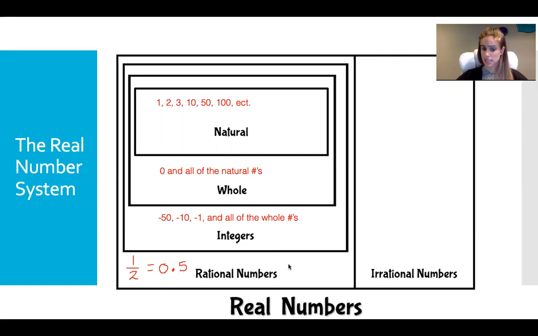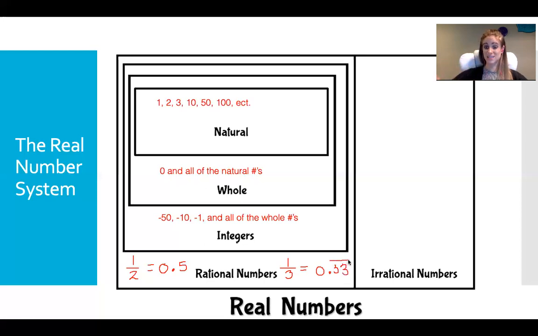The other kind of decimal that's a rational number are repeating decimals, ones that repeat the same value forever and ever. For example, 1/3. As a decimal, 1/3 can be converted to 0.33, but it doesn't really stop there.